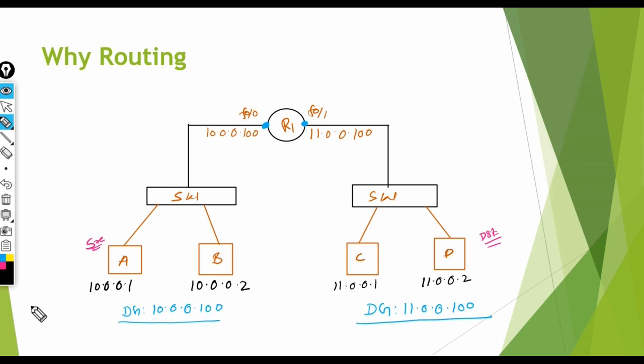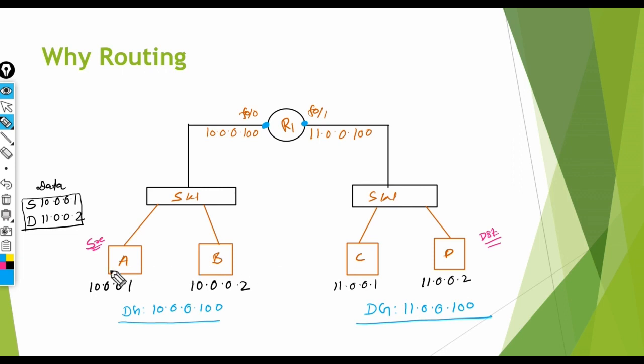Let's say there is some data where the source IP address is 10.0.0.1 and the destination IP address is 11.0.0.2. Consider this a data packet.